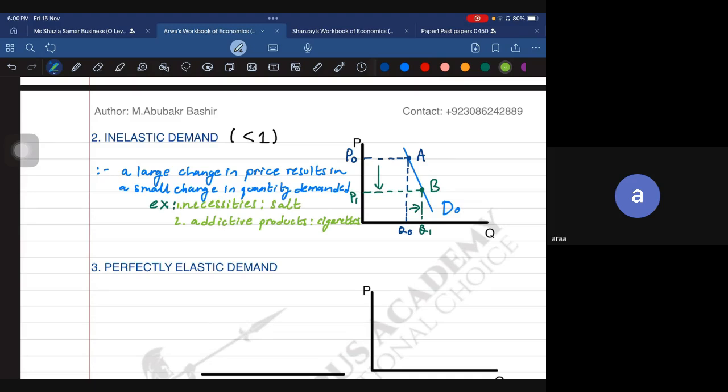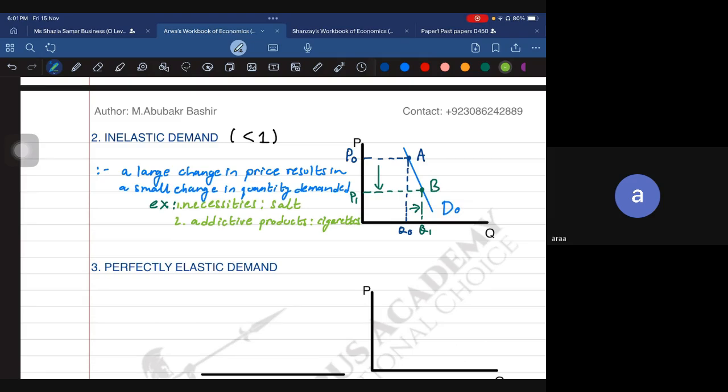Okay. Then, a product which is a luxury, but still to be considered as inelastic. How come? I think that example would be maybe a car, or if you are someone who travels by airplane, because for some people that is considered a luxury, but still it has an inelastic demand.